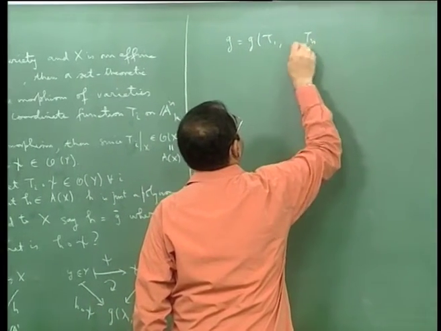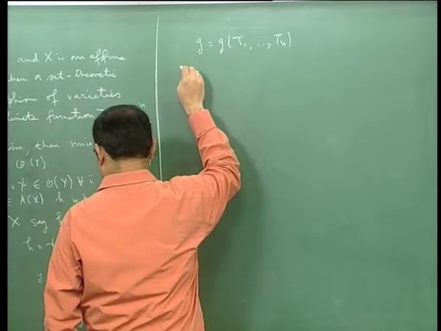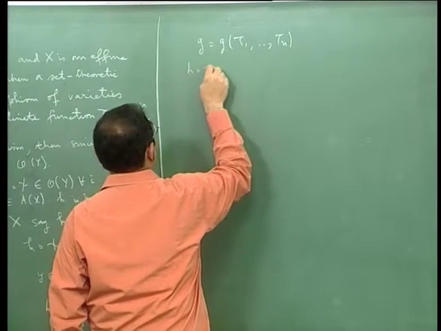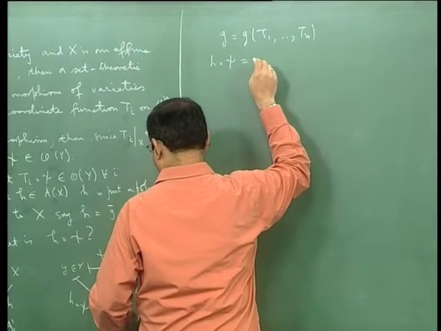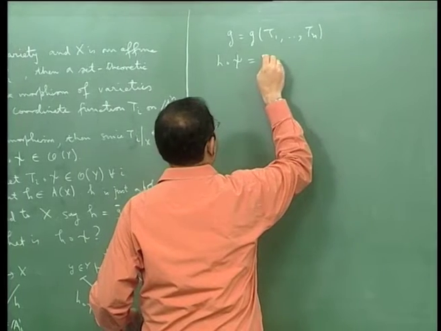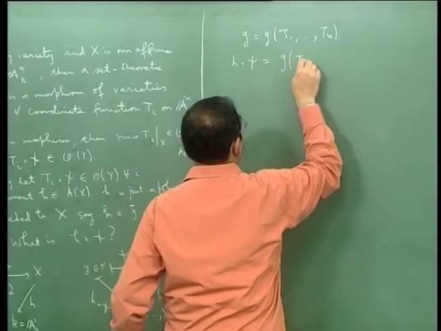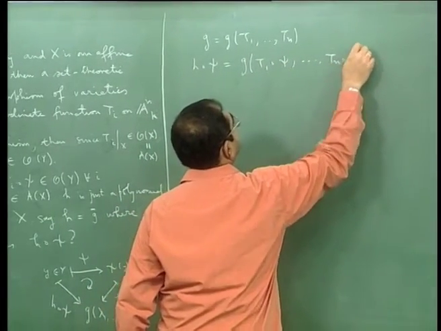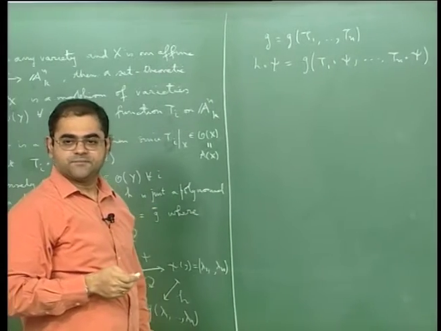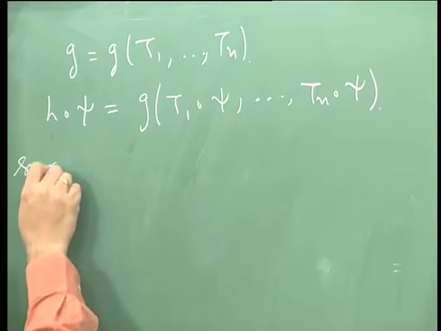Tn, okay. So if you calculate H circle psi, it will be actually just G of T1 circle psi etc. Tn circle psi. You will get this, because you evaluate it and check.